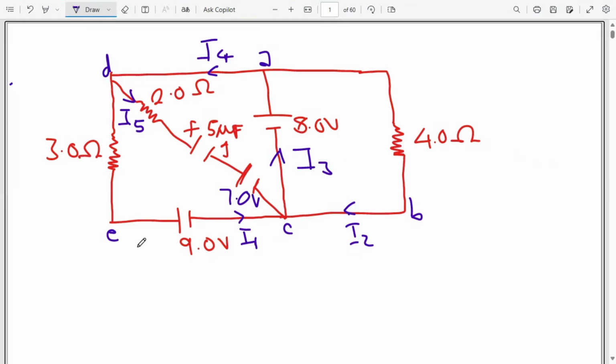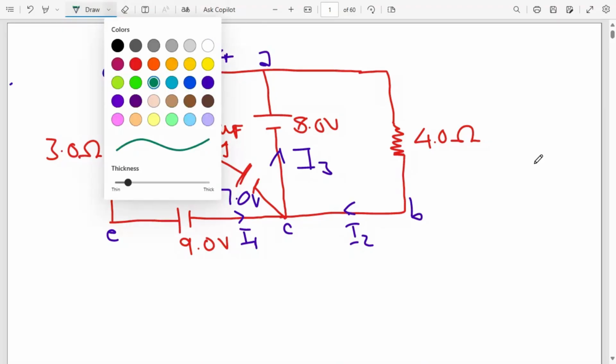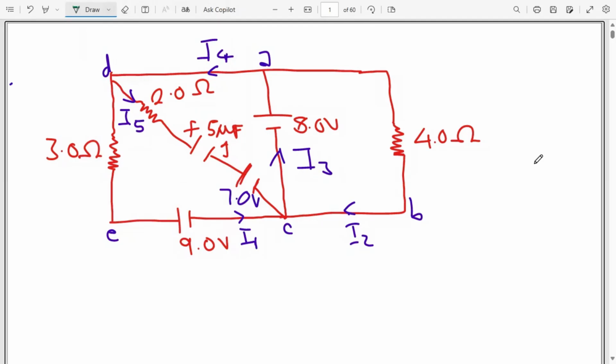So from this diagram now, we can start solving for the missing currents that we've been told to find. The first thing we're going to notice is that we have a capacitor on this loop, where we have the current 5, or I5, from point D to point C. We know that if a capacitor is fully charged, it basically acts as an open circuit.